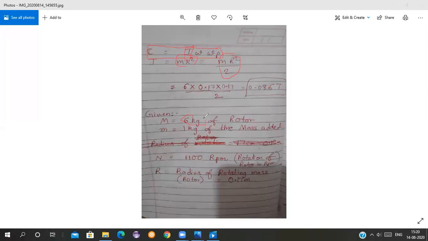It is quite heavy, like a flywheel. The radius of the rotor I am taking as 0.17 meters or 17 centimeters. All of you are getting this. Which radius?